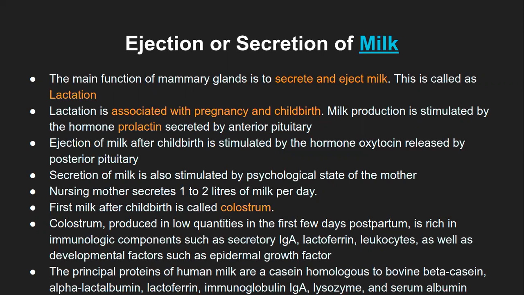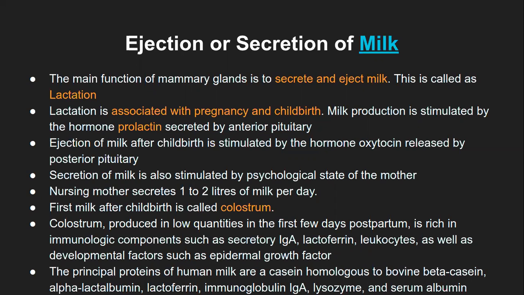Again, there are IgA, IgB and several such letters. There are several types of immunoglobulins, and they have very specific functions as well. I'm not sure if we'll study these. Maybe in the diseases part we might look at these different types. But as of now, we'll just look at this. The colostrum contains secretory IgA.